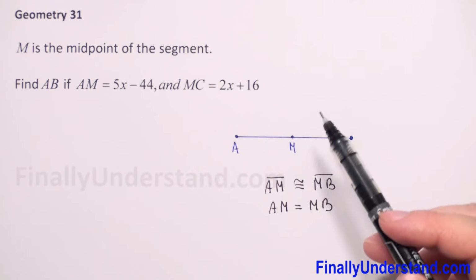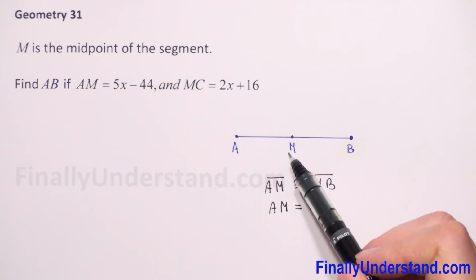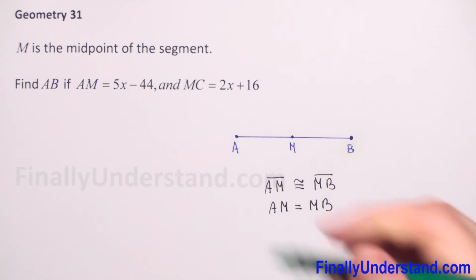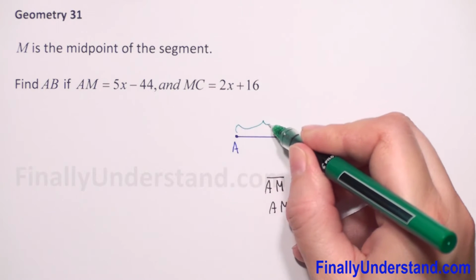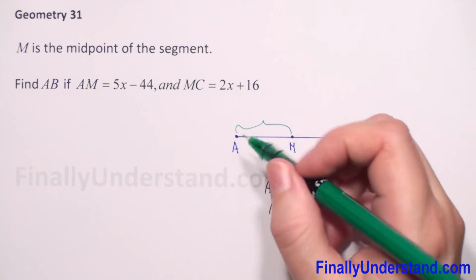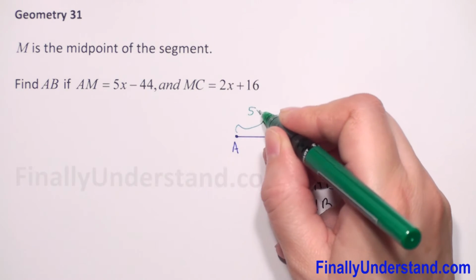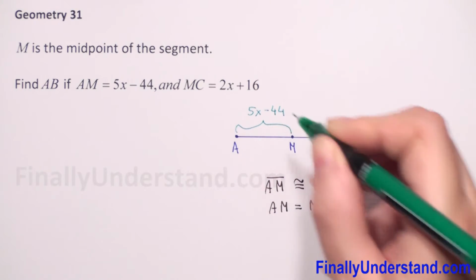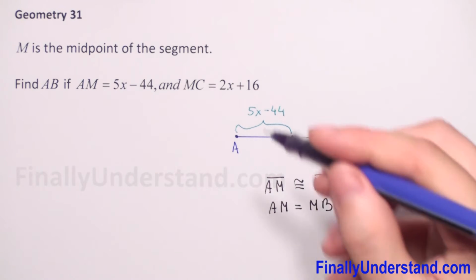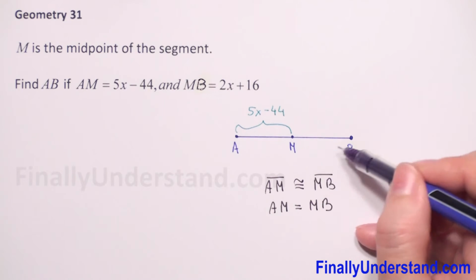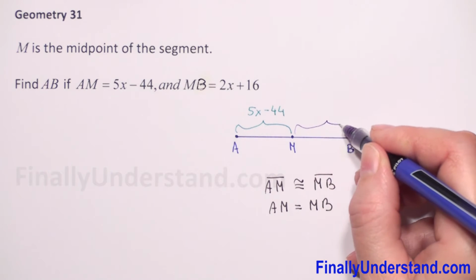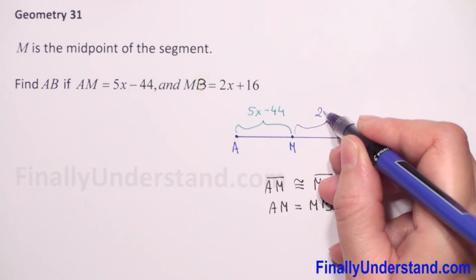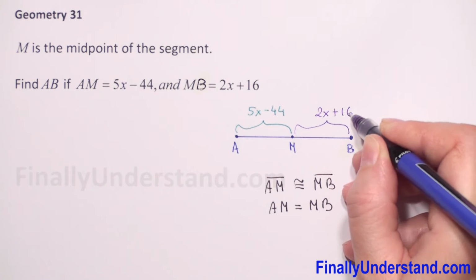We have given that AM is equal to 5x minus 44, and we have given that the length of MB is equal to x plus 16.